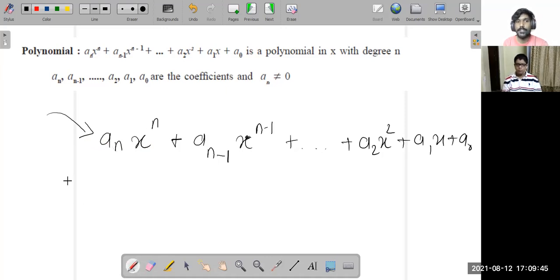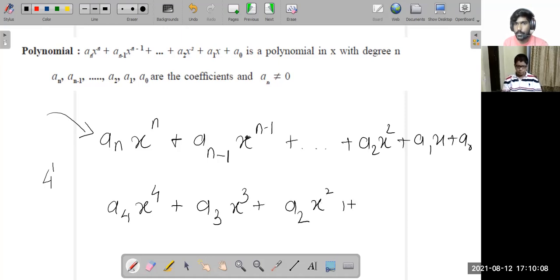For example, if the degree of the polynomial is 4, then the general form will look like this: a4 x raised to 4 plus reducing powers. Then you keep reducing: a3 x raised to 3 plus a2 x raised to 2 plus a1 x raised to 1 plus a0 x raised to 0.